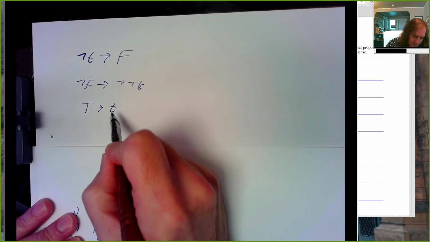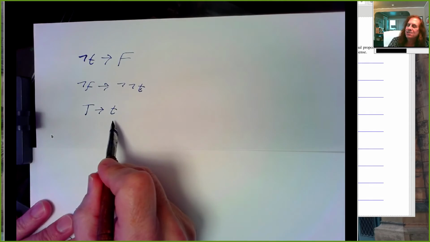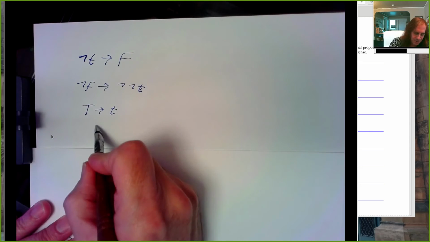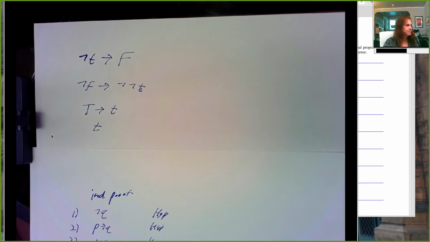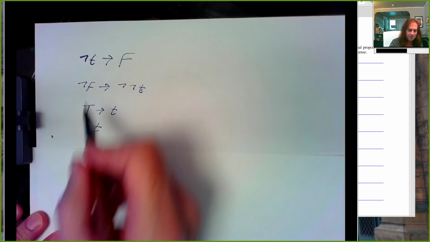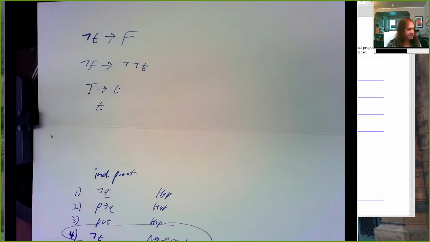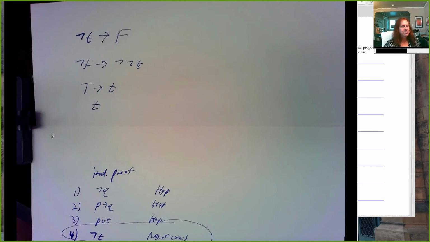That's T. Once we've shown this, we've proven that true implies T. And we know true is true, and so we've proven T. So this is logically equivalent to T. So in a sense, an indirect proof of T is a direct proof that not T implies false.